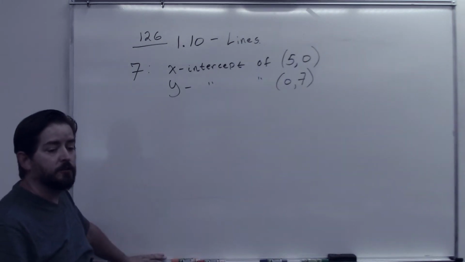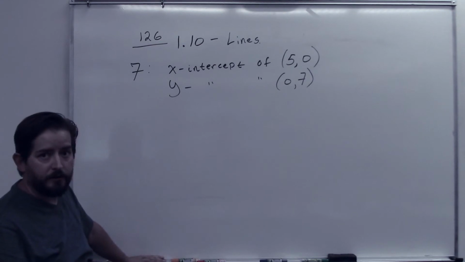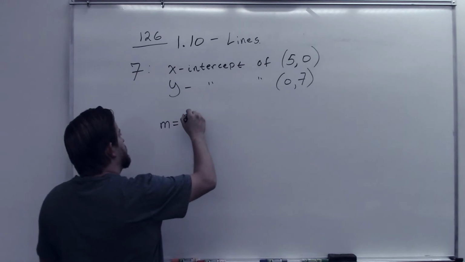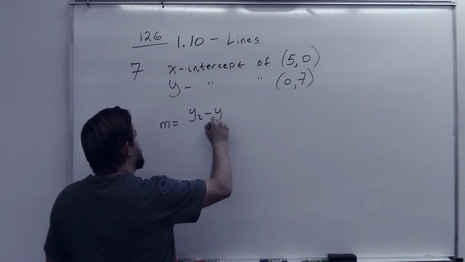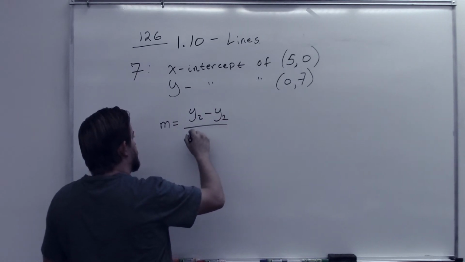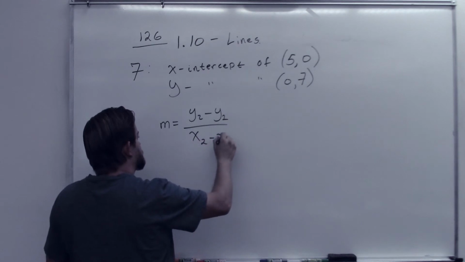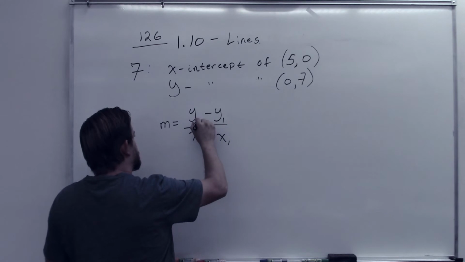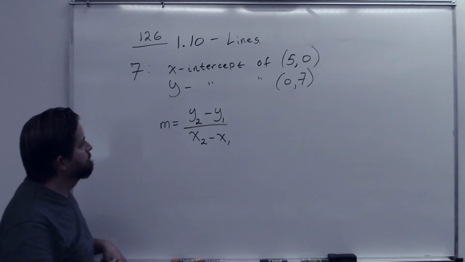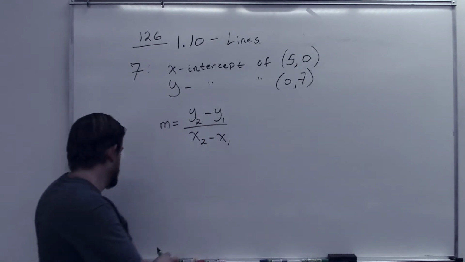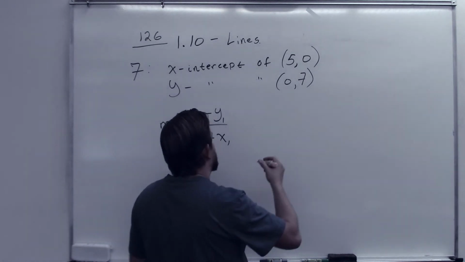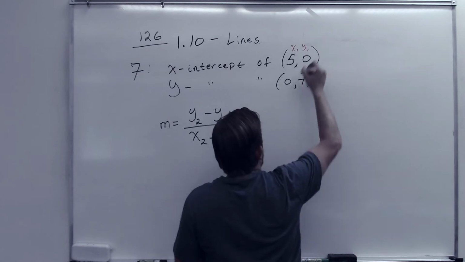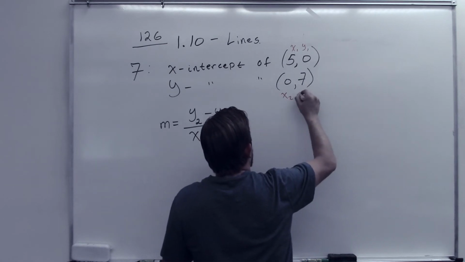I don't have a slope, but I can use these 2 points to figure out a slope by using that slope formula, which is m = (y2 - y1) / (x2 - x1). And it doesn't matter which point I call 1 or 2. So I'll just start here with x1, y1, because it was the first one, and I'll call the bottom one x2, y2.